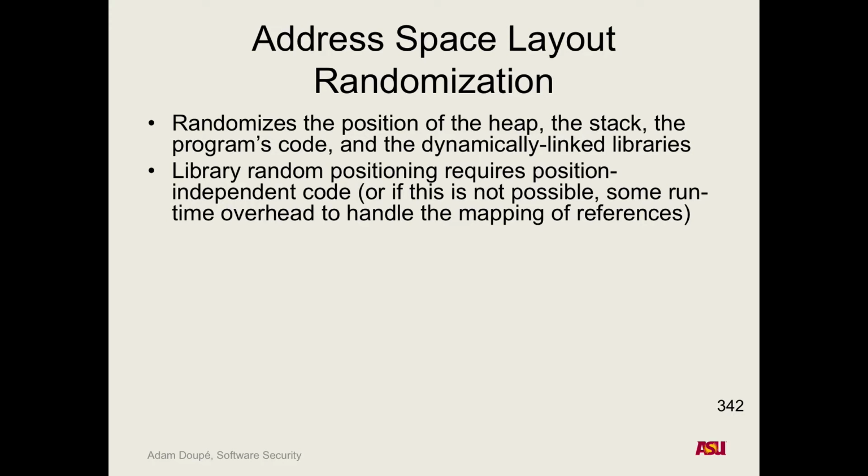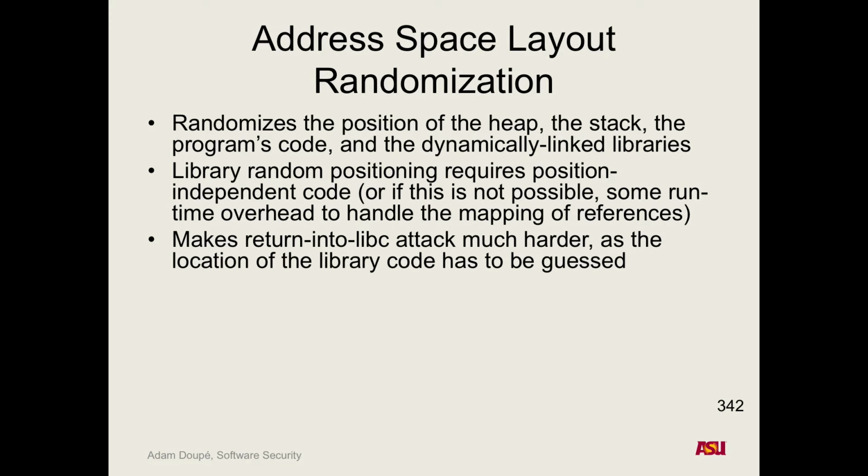So that there are no fixed addresses in there. And so not every library will use ASLR. So some libraries will exist at fixed locations, which can be a way around ASLR. So this basically makes Return-To-Libc incredibly difficult because the library code needs to be guessed.